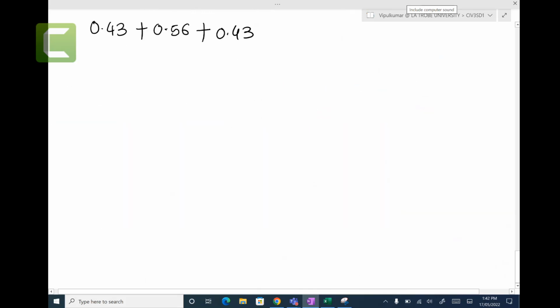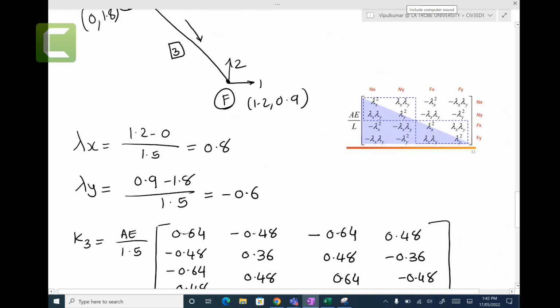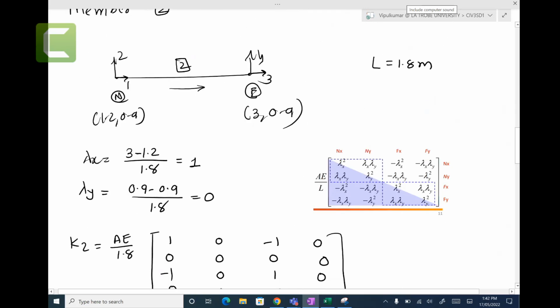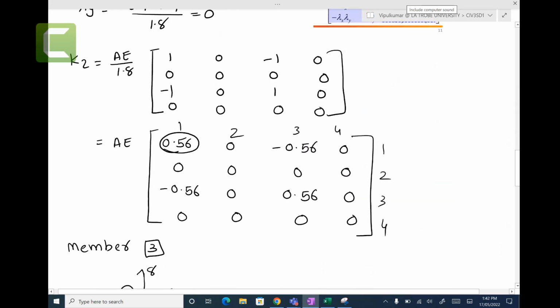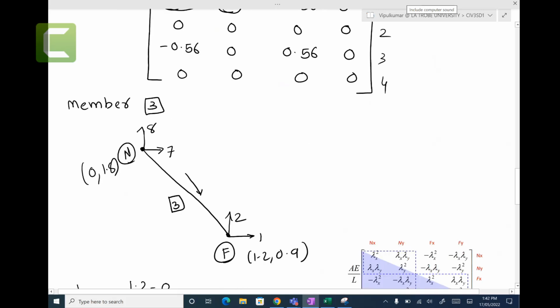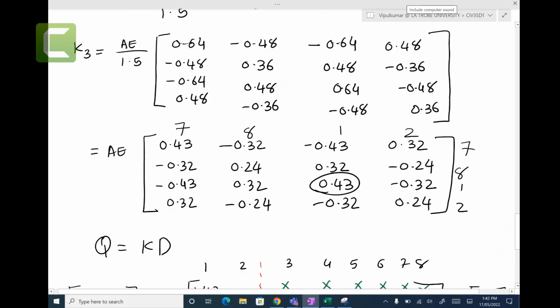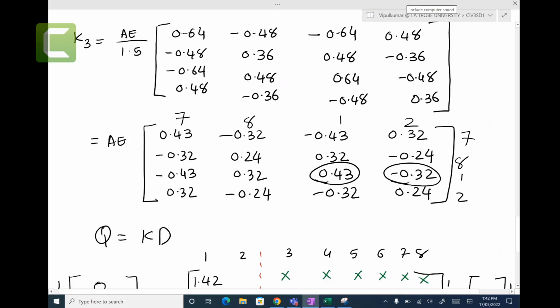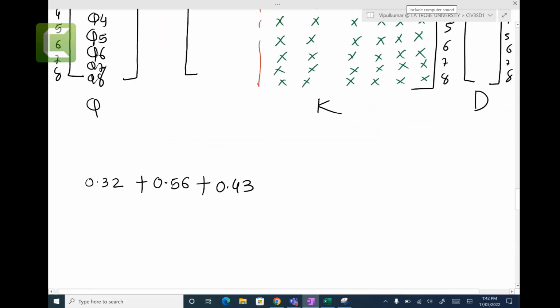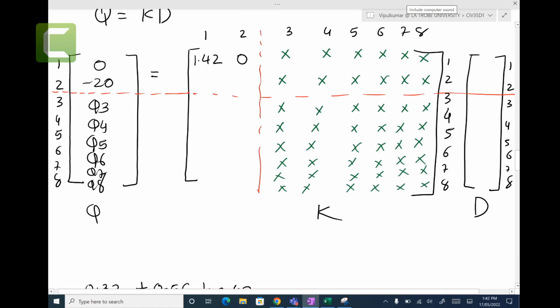So we have 0.32, and K2, column 2, row 1 is 0, so don't worry about it. And K3, column 2, row 1, minus 0.32. So 0.32 minus 0.32 is 0.